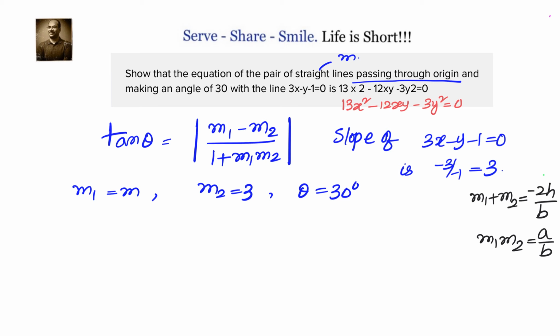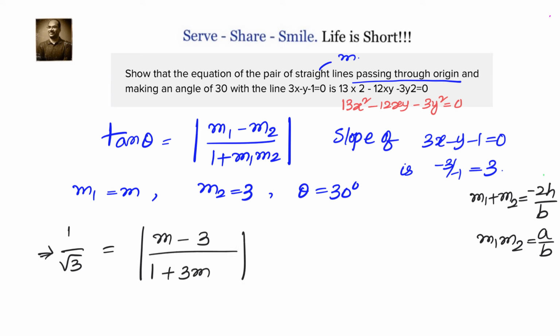So let us substitute in the formula. Tan 30 degrees, which is 1 by root 3, equals m minus 3 divided by 1 plus 3m. We have an absolute value on the right hand side, so let us square both sides so that we can remove it.